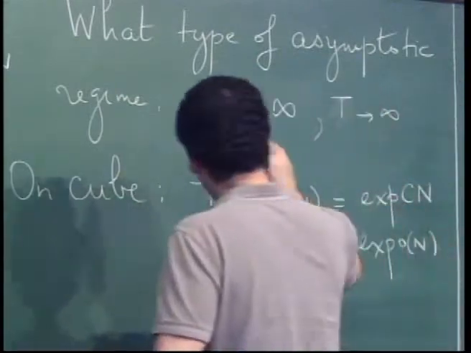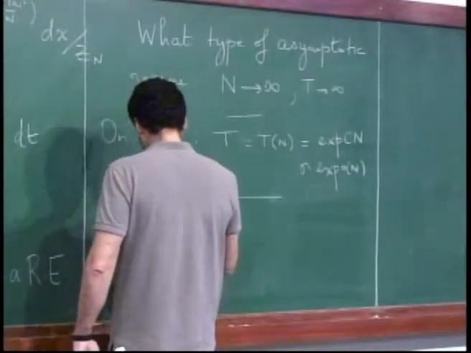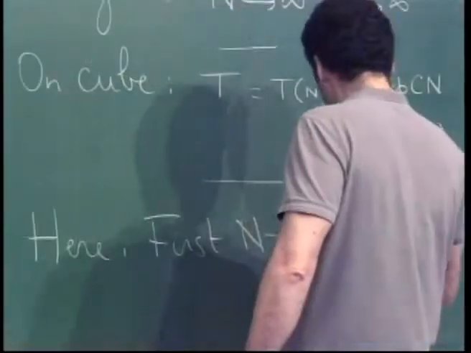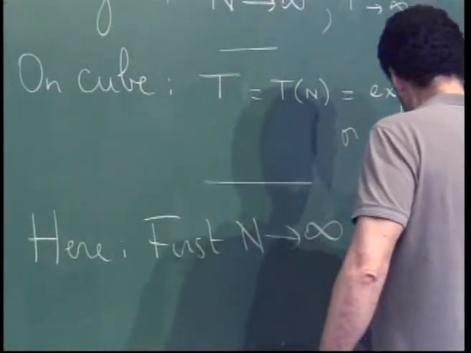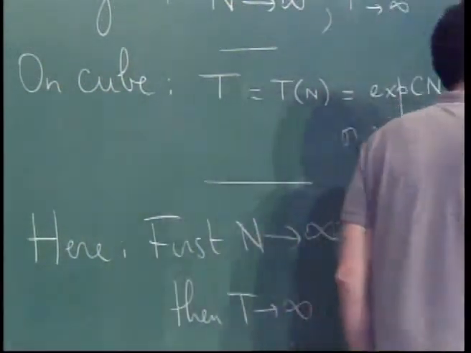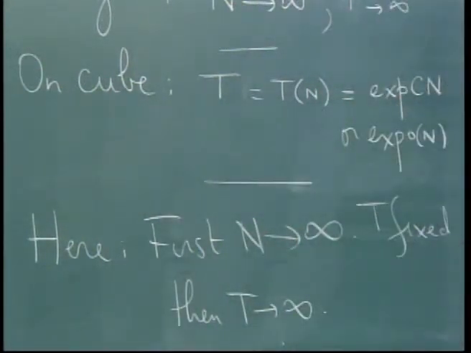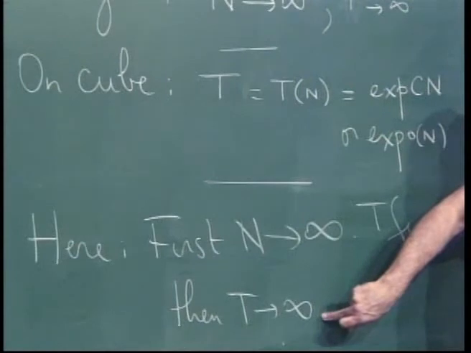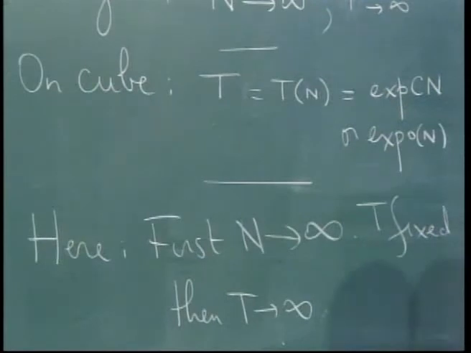Here, what we'll be looking at is different. Here, we will look at first n going to infinity, with t fixed. And then t going to infinity, if we can. So this regime seems completely different. This regime, in fact, is a short time regime. You're looking at short time. That's the shortest of the long time scales, if you want.